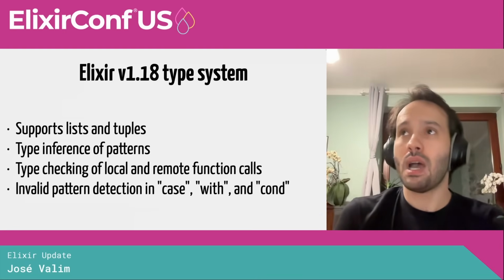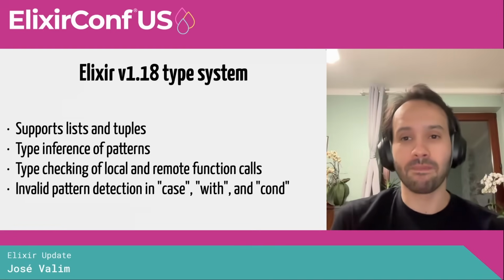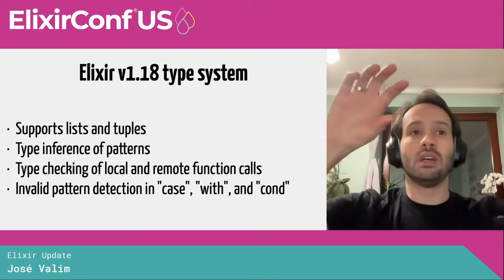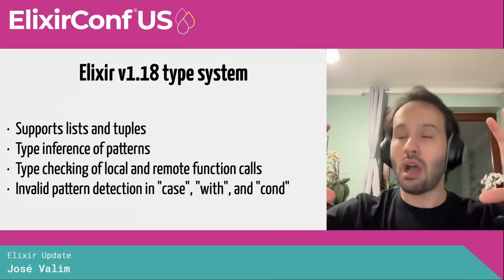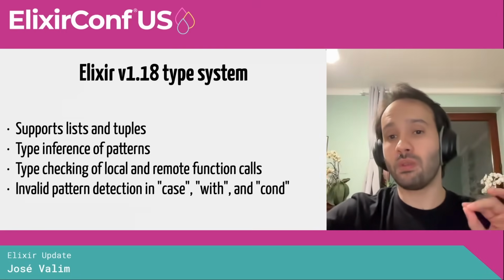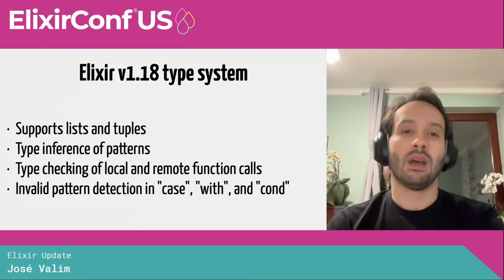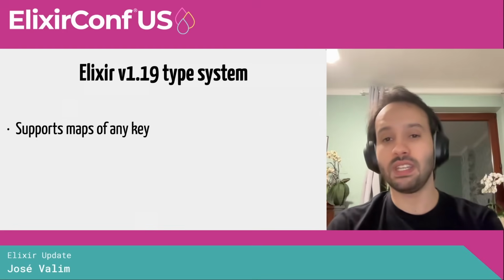So if you have a pattern that we know is never going to match, we are going to emit a warning. As you can see, every release we are improving the type system so it understands more about the data types, more about your code base. And Elixir 1.19 brings the following improvements. Now we support maps of any keys.